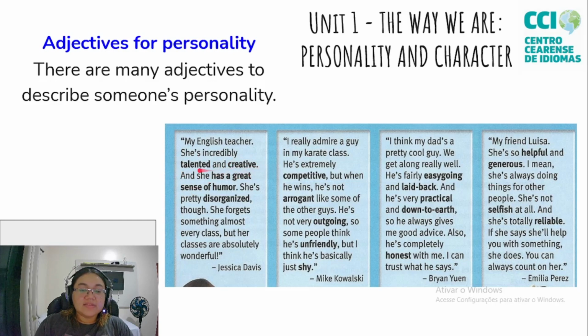So talented, creative, a great sense of humor, disorganized, competitive, arrogant, outgoing, unfriendly, shy, easygoing, laid back, practical, down to earth, honest, helpful, generous, selfish, and reliable. These are all adjectives that you can use to describe someone's personality. We're not talking about looks anymore.